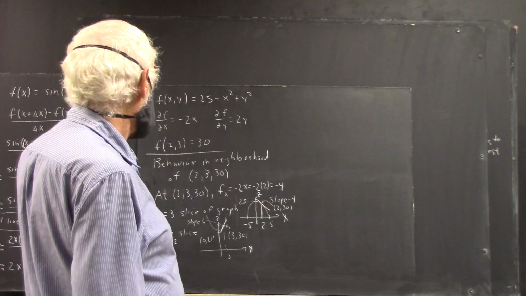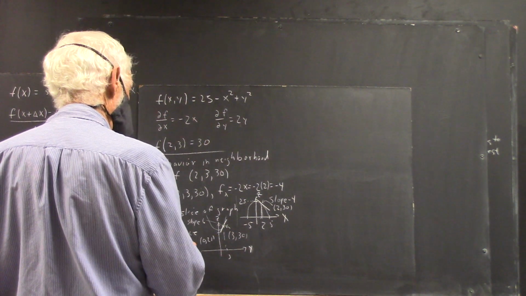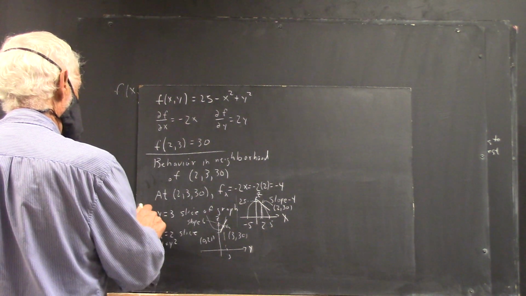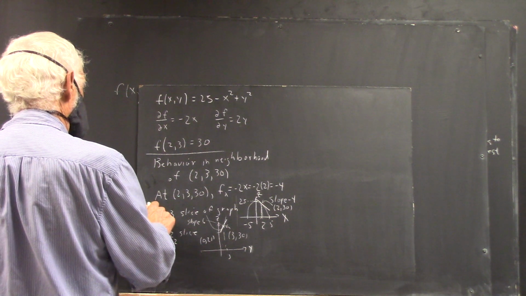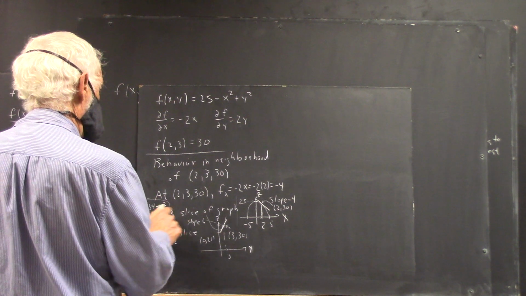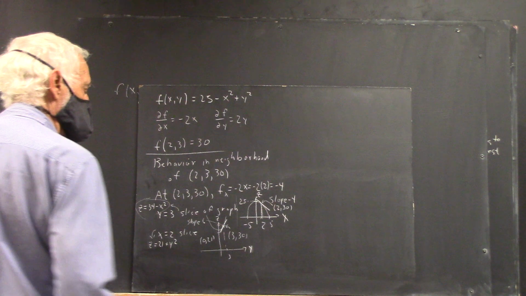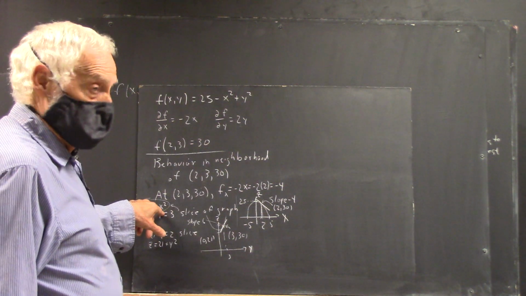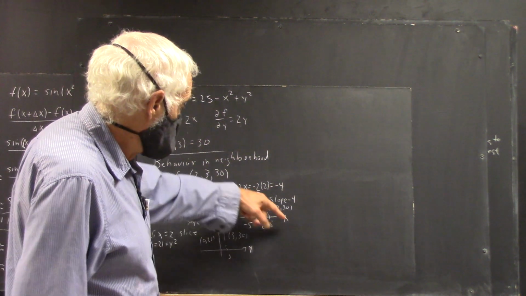Similarly, here, the derivative of the y equals 3 slice, z equals 34 minus x squared. The x equals 2 slice is this. And the derivative of this is just negative 2x. We'll have your partial derivative with respect to x. And that gives you the slope of negative 4.